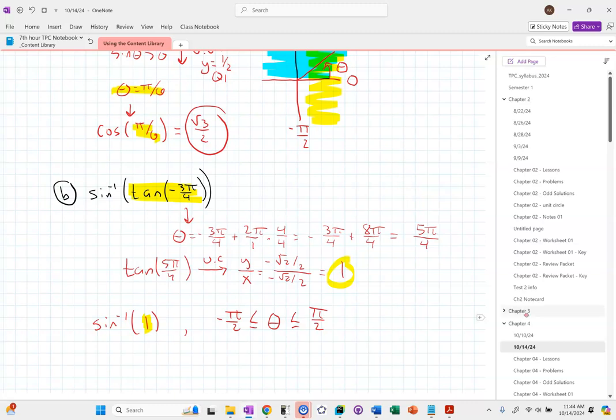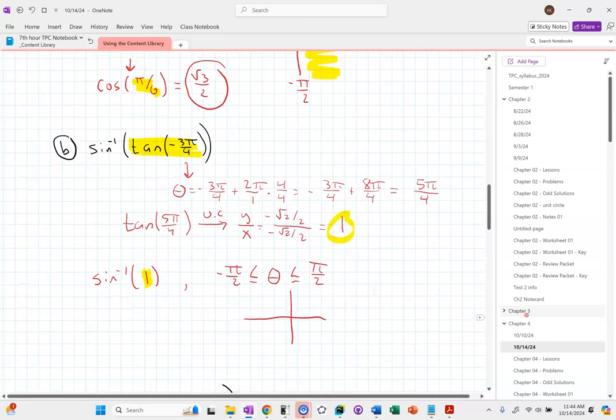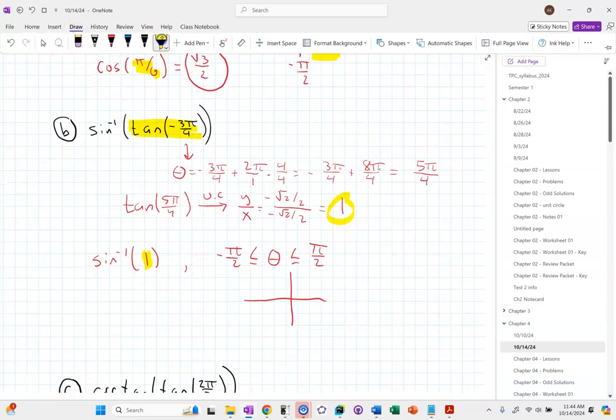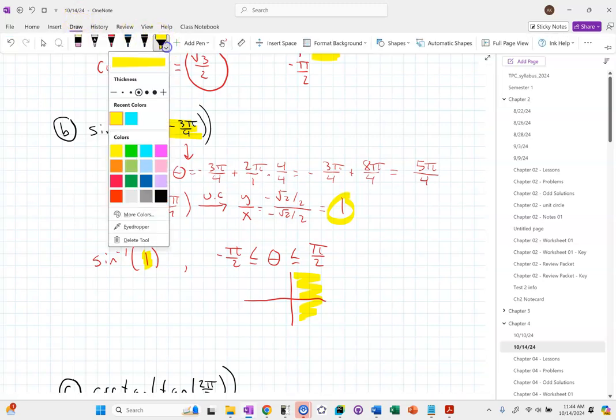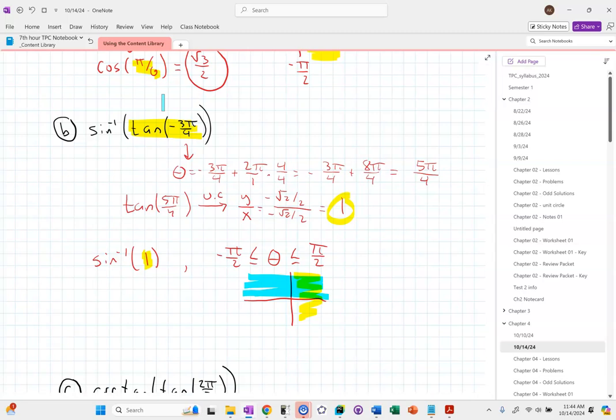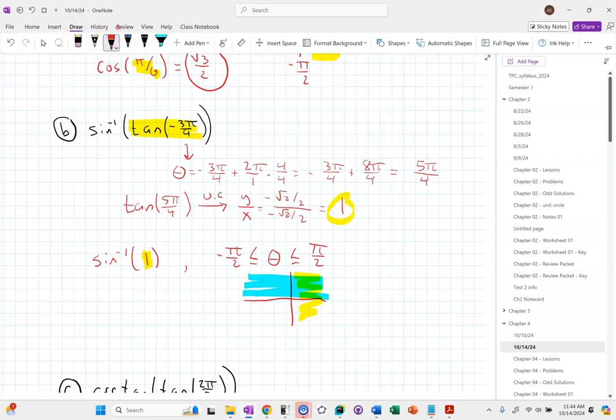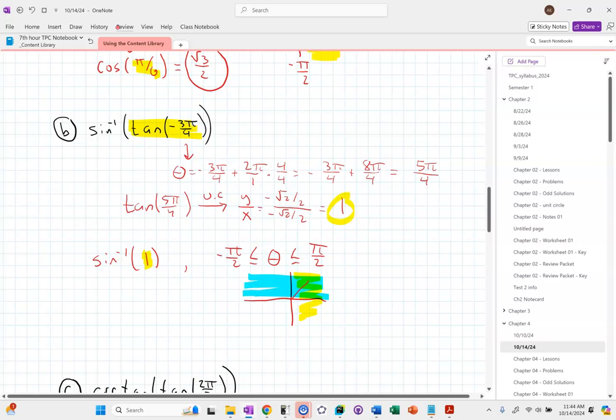So once again, we remember that this is quadrants 1 and 4 for the range of theta, and it's quadrants 1 and 2 for where sine is positive. So I'm looking in quadrant 1 for where sine is equal to 1. So on the unit circle, I'm looking for the y coordinate equal to 1 in quadrant 1.